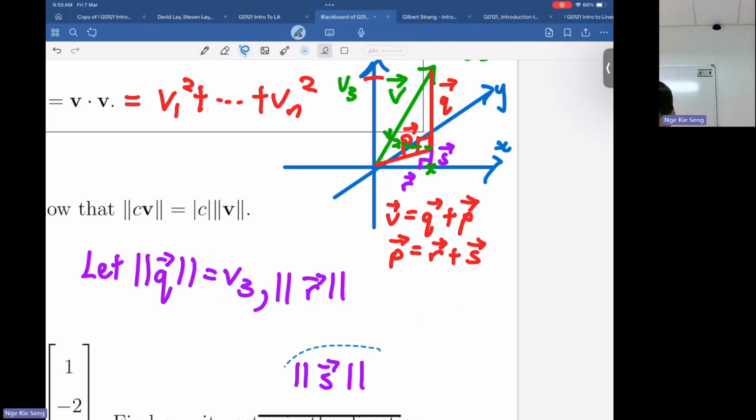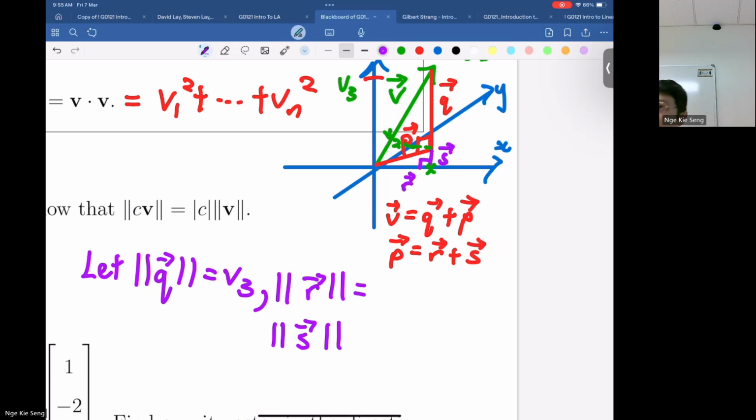What's the length of R and X? R is V1, right? About X, V2, good. All right, V1 and V2.